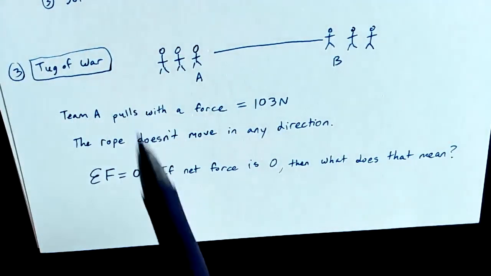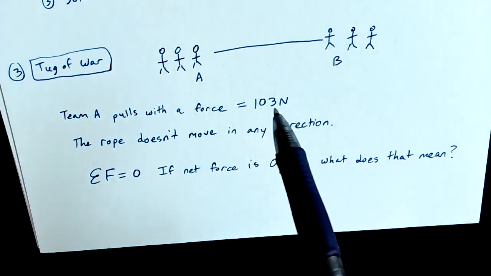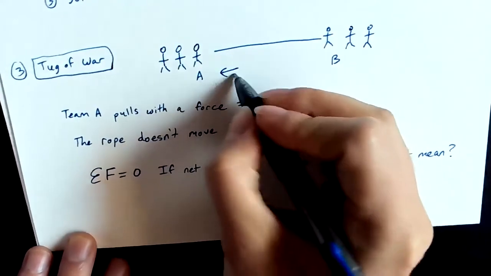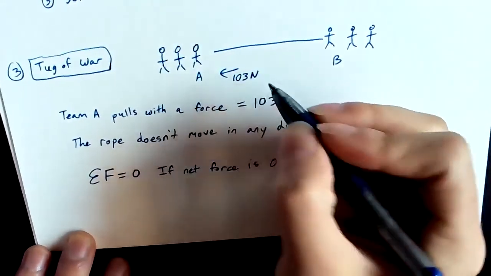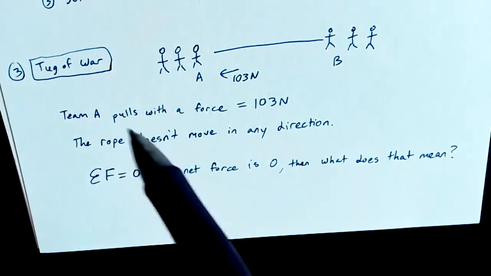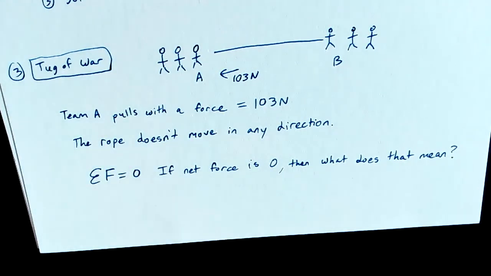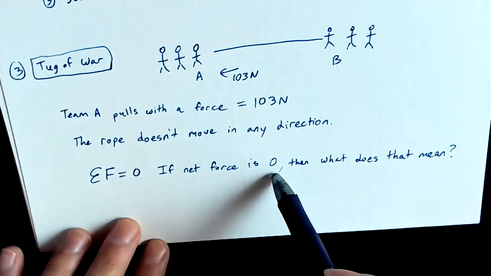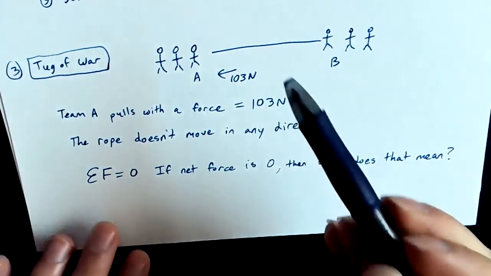And you're told team A pulls with a force of 103 newtons. So they're pulling that way, bam, 103 newtons. But the rope does not move in any direction, okay? If the net force is 0, then what does that mean, right?